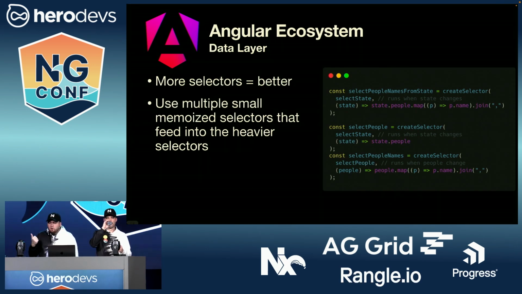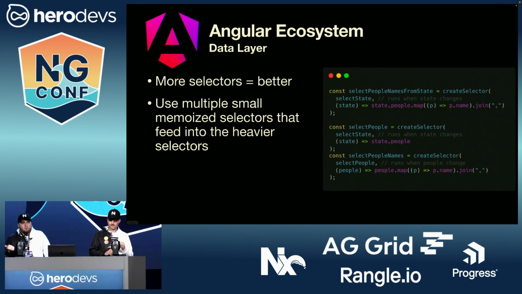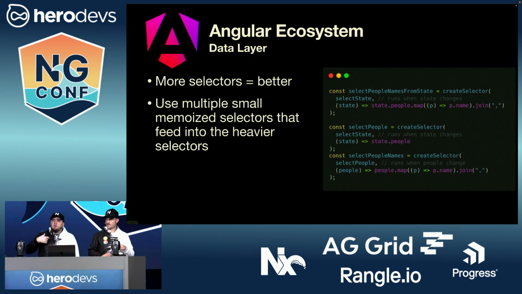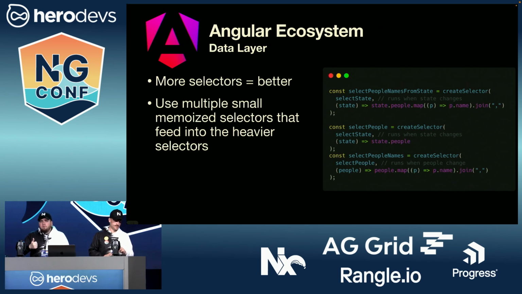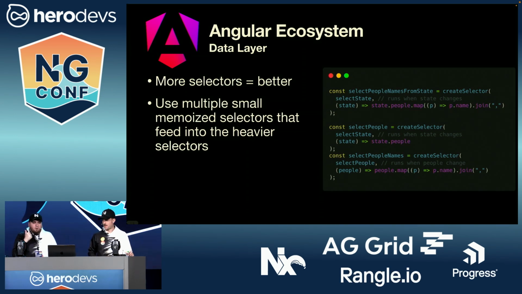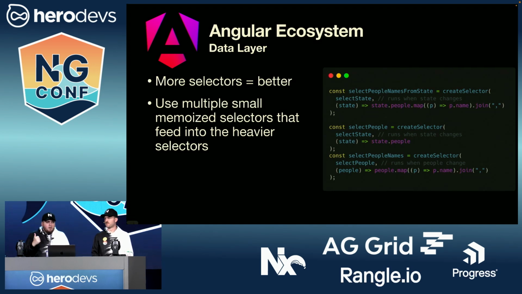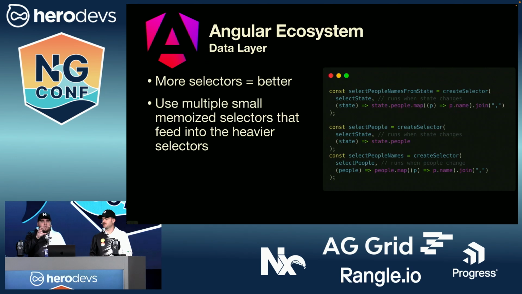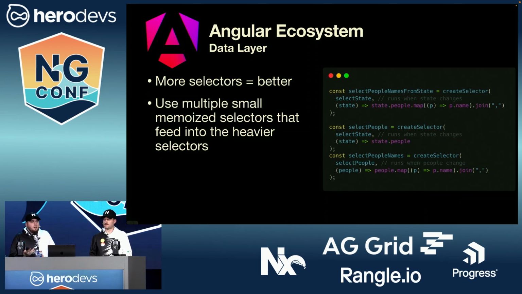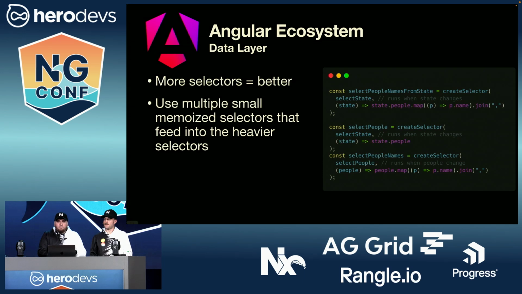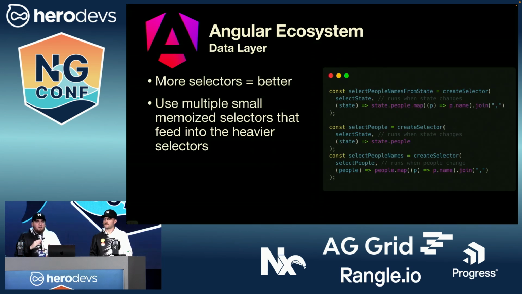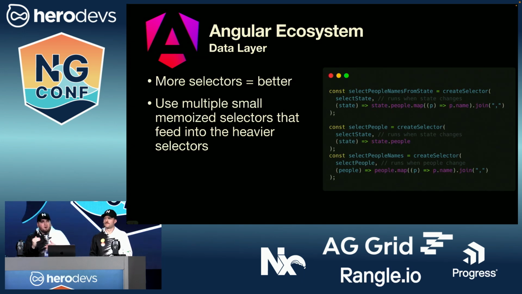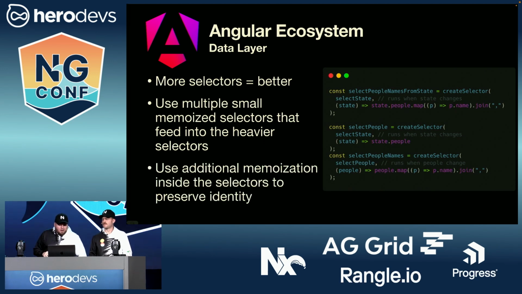But if you use the second approach, where you first select the array and then you join it, it will only run if the people array actually changes, right? So you use multiple small selectors that do little work, and then you feed that into selectors that do the big work. It's better to have the small work eat up a bit of your processing than to do the heavy work every time, right?